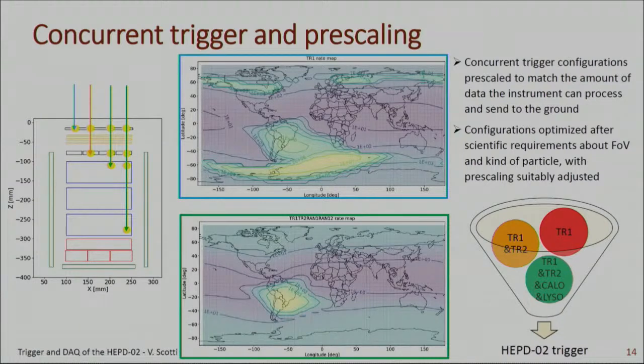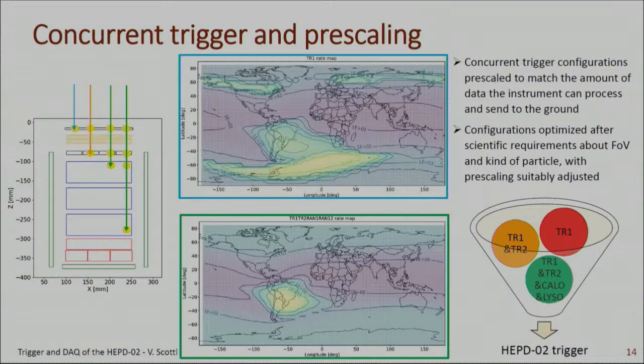You can see that using the trigger 1 configuration, we have megahertz rate of trigger, while using a more penetrating configuration, we can reduce the trigger rate to something like 10 to the 3 in the South Atlantic anomaly, and up to hertz at the pole. So something that we can really acquire.